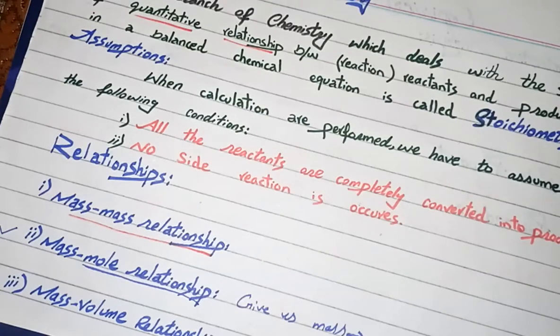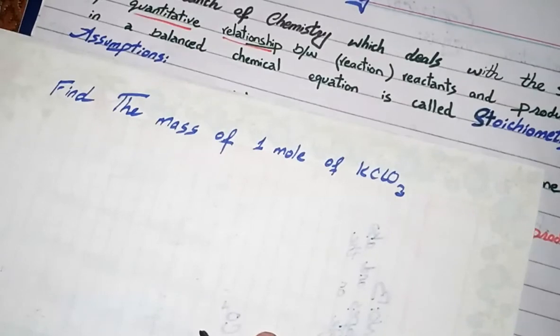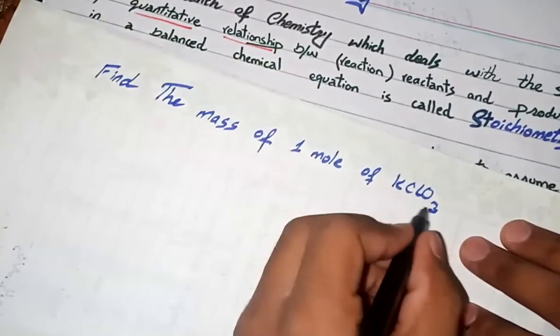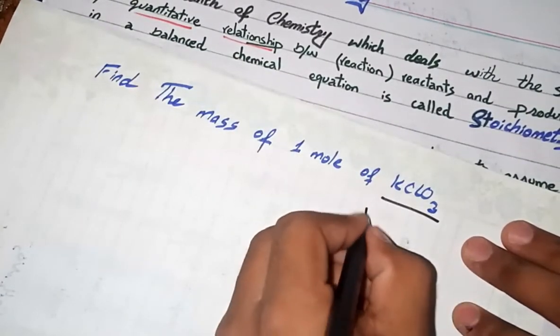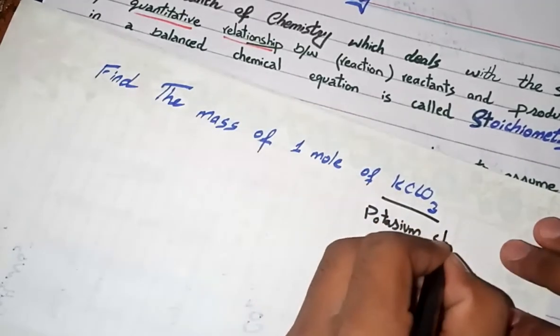Now we again explain by this example. Find the mass of 1 mole of KClO3, which is potassium chlorate.